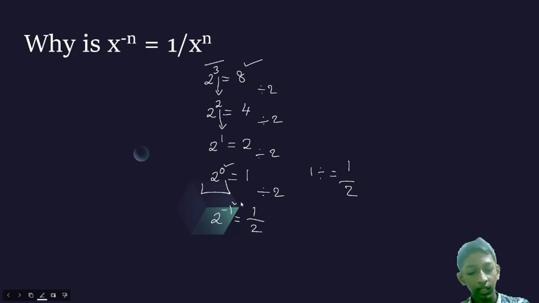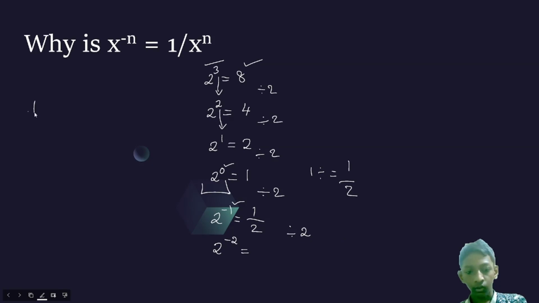Now let's again subtract 1 from this exponent. So minus 1 minus 1 is equal to minus 2, giving 2 raised to the power of minus 2. Then this is equal to 1 by 2 divided by 2.